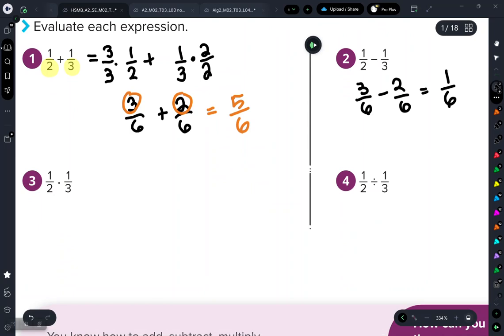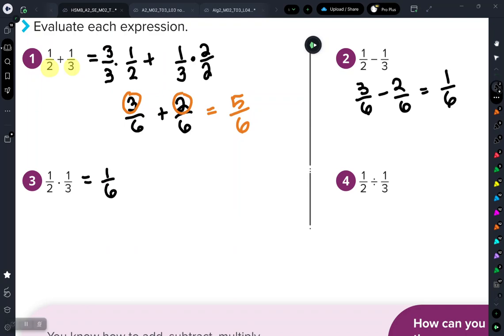For multiplying and dividing, multiplication, if possible, you can cross cancel, but if not, you just multiply across. So 1 times 1 is 1, 2 times 3 is 6. So for multiplication, we just multiply across.